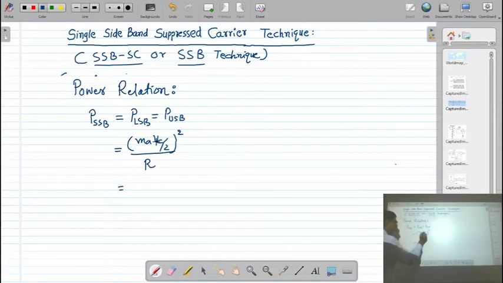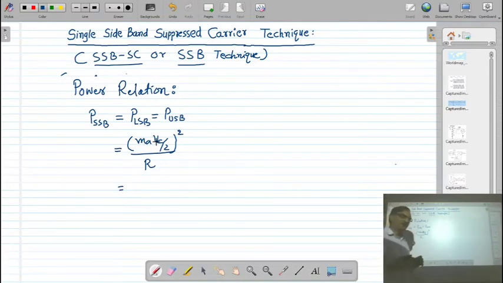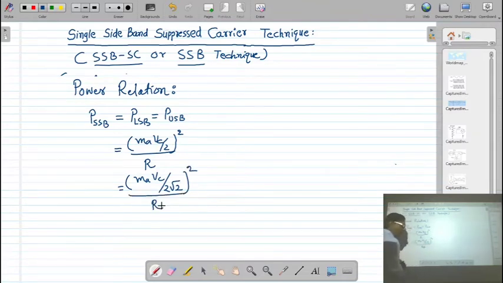I already mentioned that Vc represents the peak value. So using this formula, you can find the maximum power. But normally we calculate the average power, the RMS power, so this has to be converted into RMS. So (MaVc/2 divided by root 2) whole squared divided by R. And this is equal to Ma squared by 4 into Vc squared by 2R.